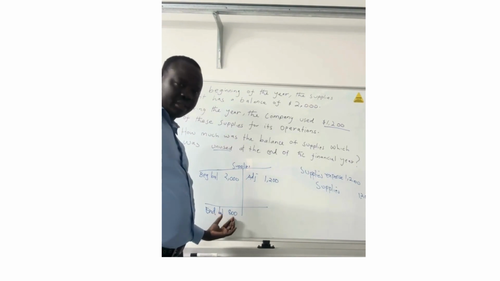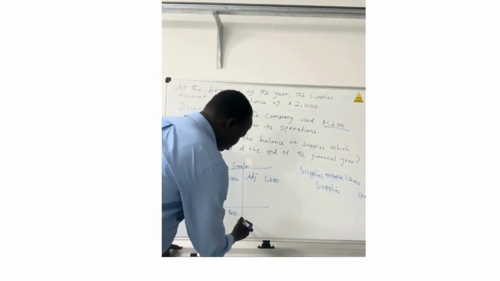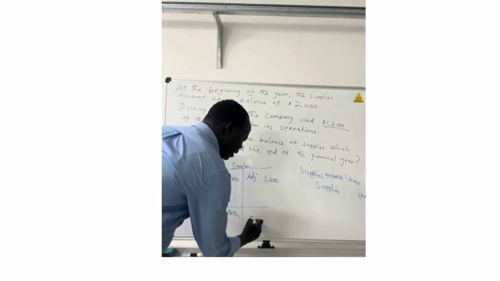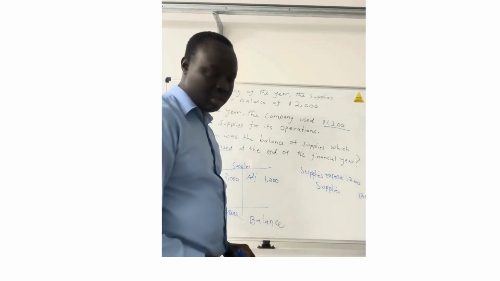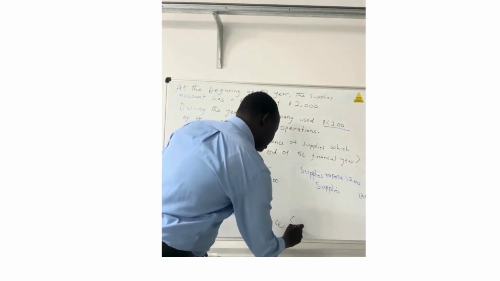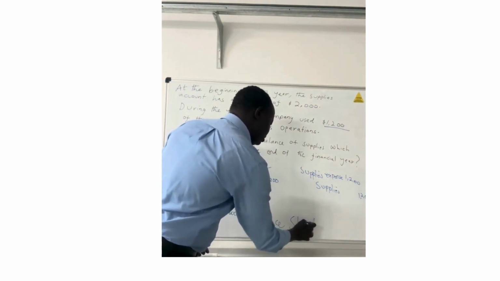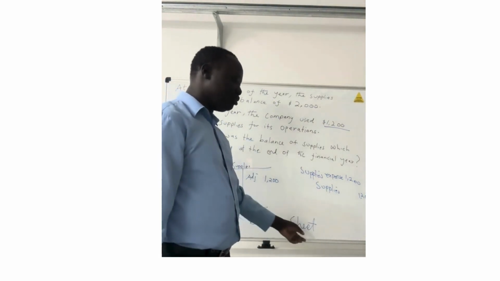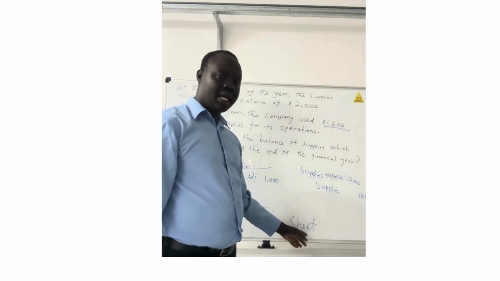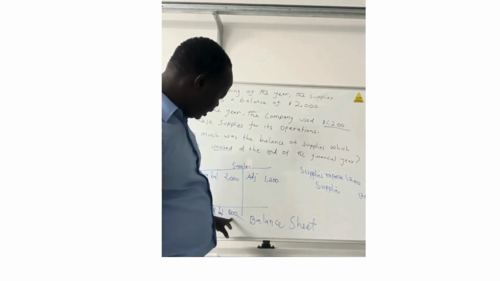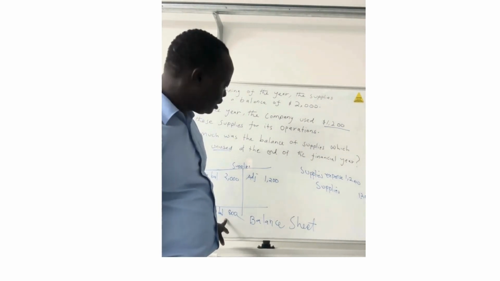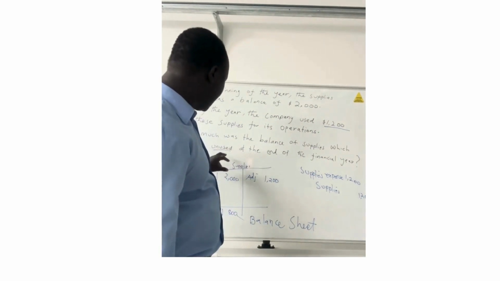This will be reported. It will go to the balance sheet, which is one of the main accounting reports. So this is the balance sheet, and this is where it will go, under current assets. So this is our ending balance, and this is what the question is asking you.